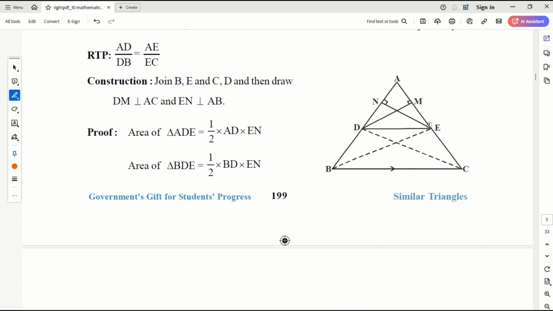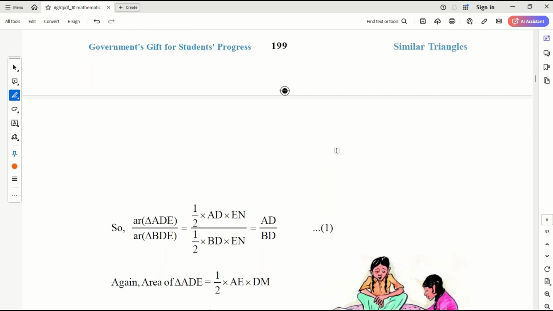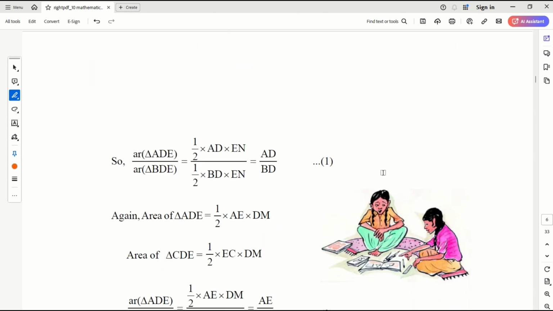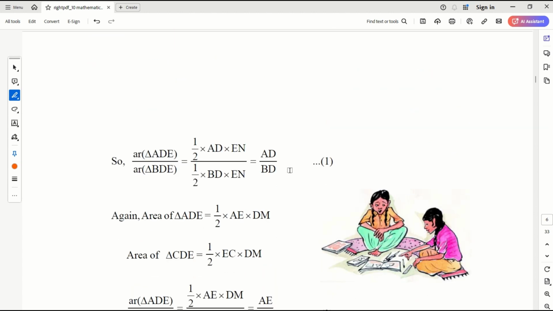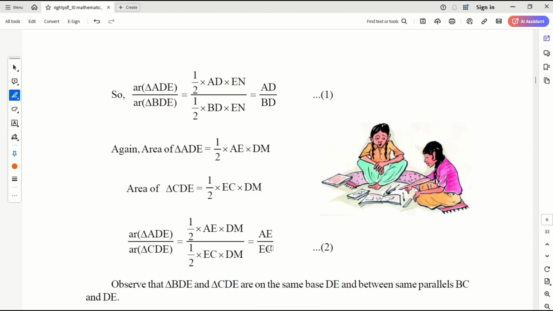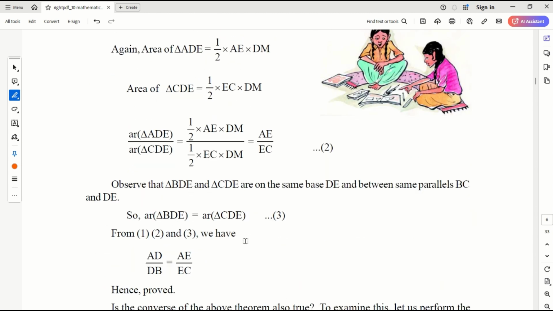For triangle CDE, the base is CE and the height is DM. If I take this ratio, it is AE by EC. This is equation 2.